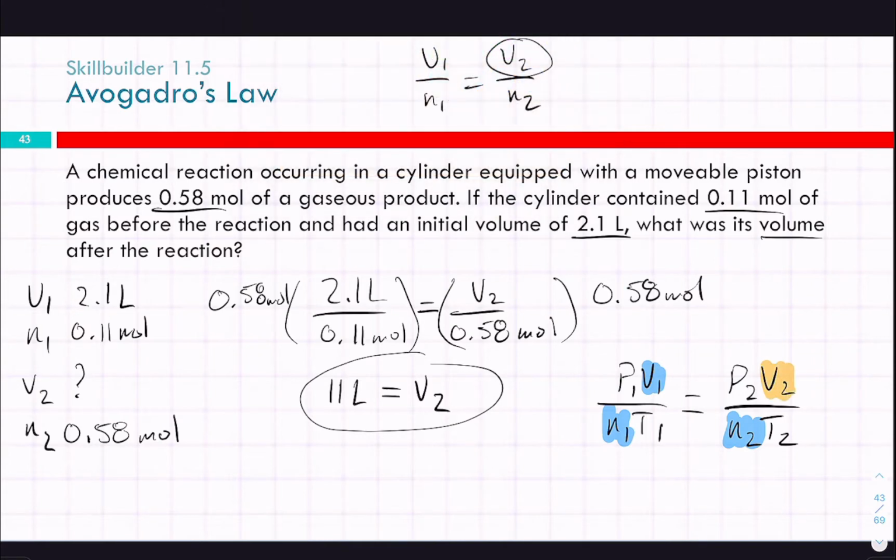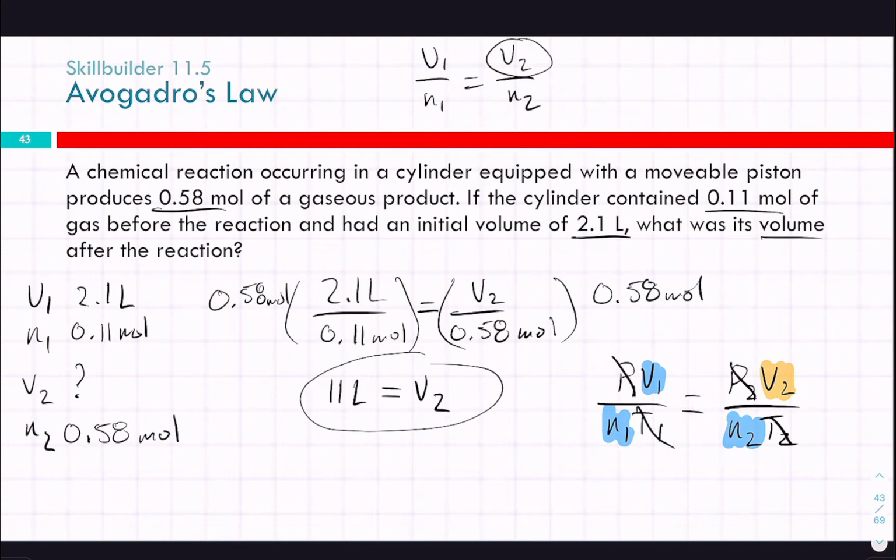Now, this problem doesn't say it explicitly, but the implication here is that pressure and temperature are constant, so they don't change. So those will cancel out and just leave us with what is ultimately Avogadro's law.